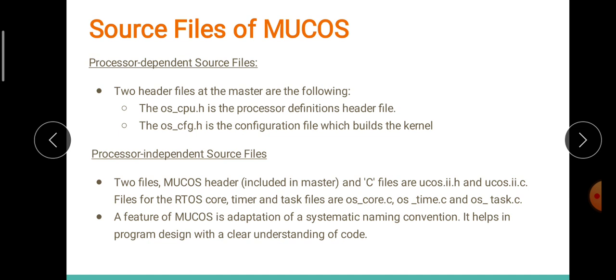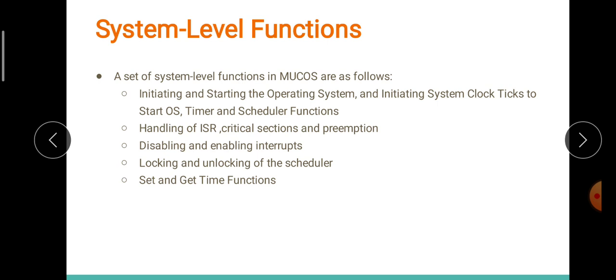They basically have the code for memory partitioning, semaphores, queues, mailboxes. The good thing is that most of the file names are relatable. They have a systematic naming convention, because of which it is much easier to understand these codes and even the files.